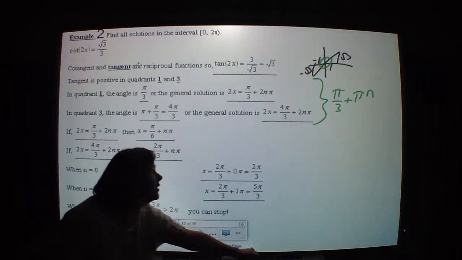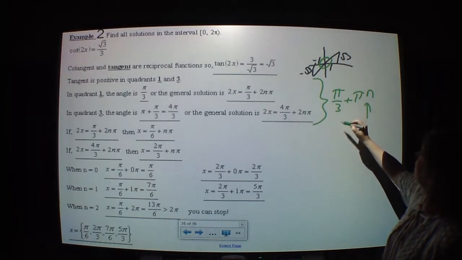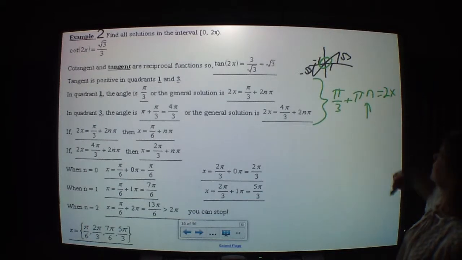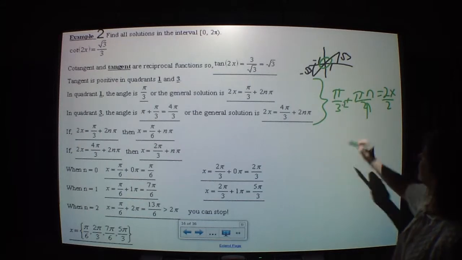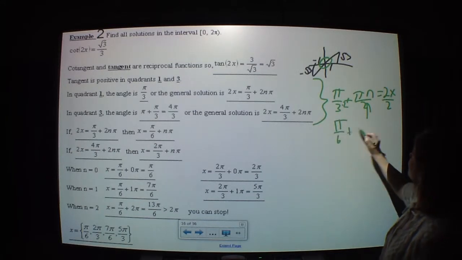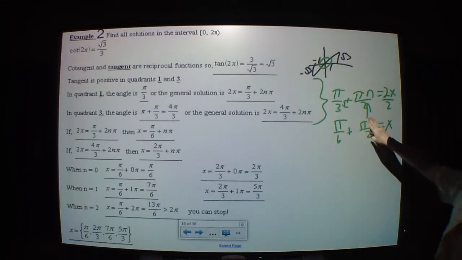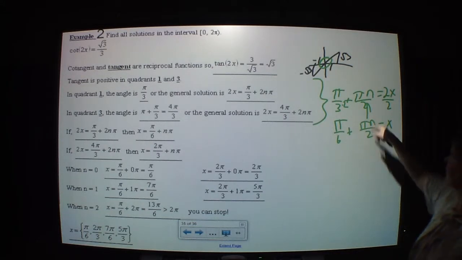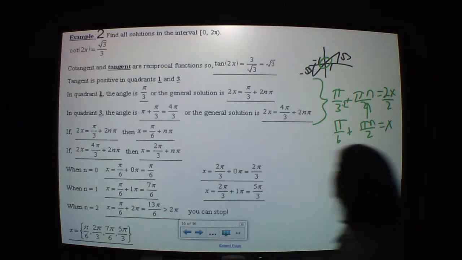If you did this, which you still can do, when n is 0, this is the equation you would be solving. So divide by 2, divide by 2, divide by 2. Pi over 6 plus pi n over 2 is equal to x. So when n is 0, you have pi over 6. When n is 1, if you have a common denominator of 6, you have 3 6 plus 1 6 is 4 6. 2/3 is 4 6.